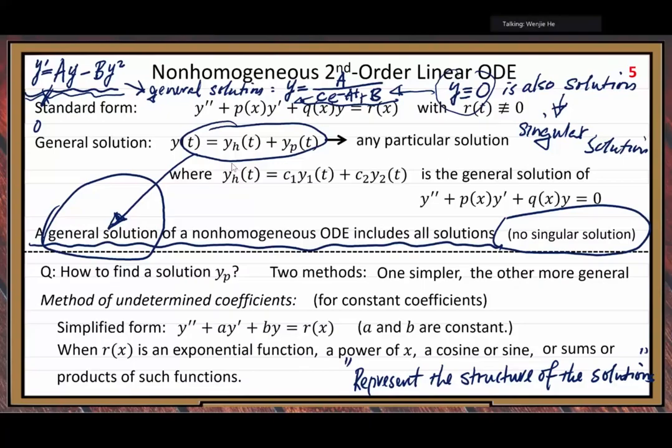Because of sums or products, in each block you need to use a certain undetermined constant: capital A, capital B, capital C. You need to find out those constants from your system.